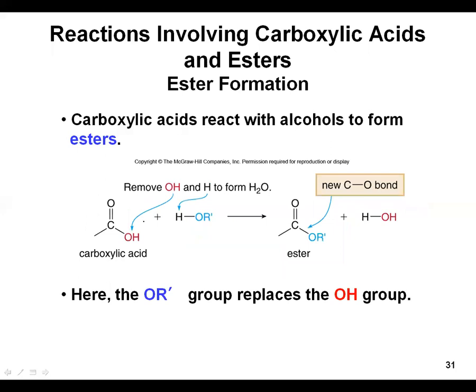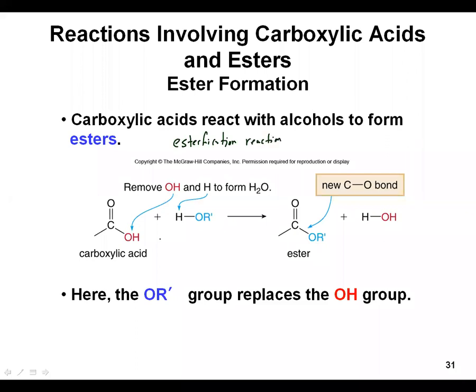So if this is a carboxylic acid that reacts with an alcohol, that is how we can form an ester. An ester is formed through a process known as an esterification reaction, the fancy word for making an ester.